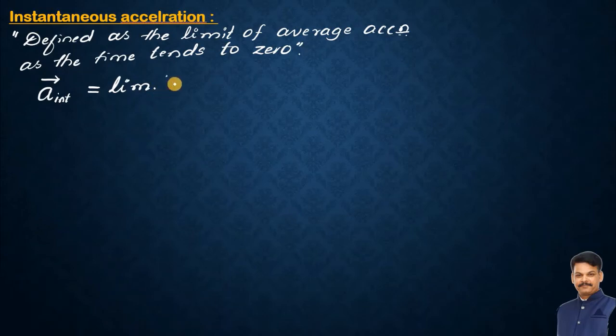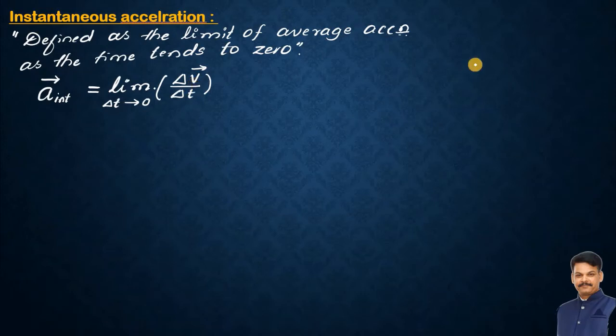Average acceleration is represented by delta v divided by delta t, the change in velocity divided by change in time, and as delta t tends to zero. Yes, this is the representation of instantaneous acceleration according to the definition.